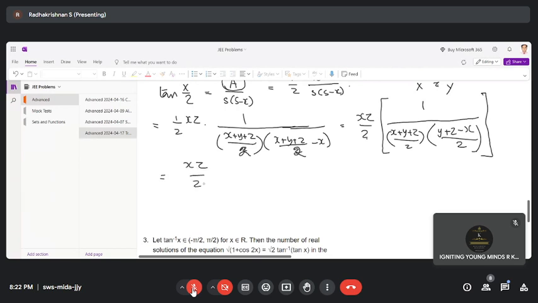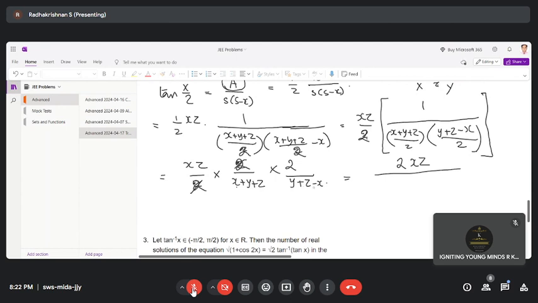XZ by 2 into, I am writing the reciprocal of this. So what remains is 2XZ in the numerator, and in the denominator again the same expression: (X plus Y plus Z) into (Y plus Z minus X).